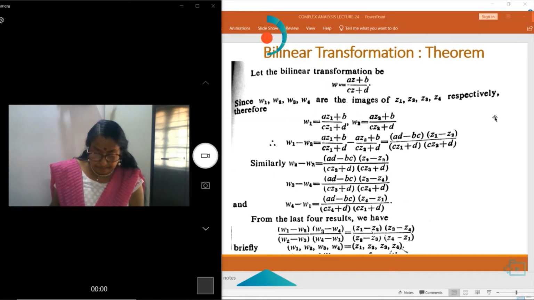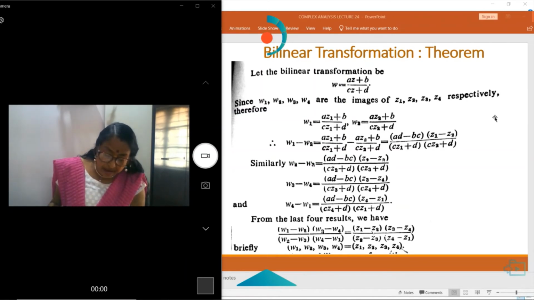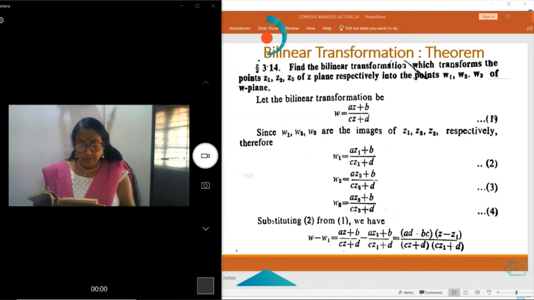Now another problem. Find the bilinear transformation which transforms the points z1, z2, z3 of the z plane respectively into the points w1, w2, w3 of the w plane. The bilinear transformation is w = (az + b)/(cz + d).